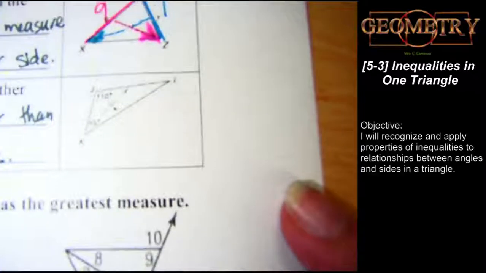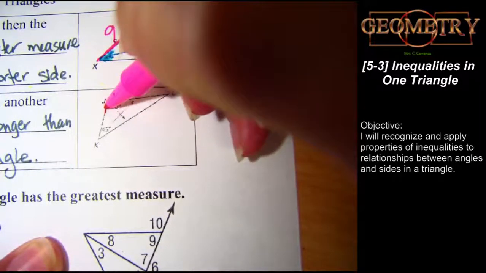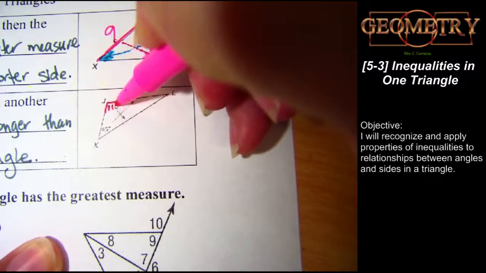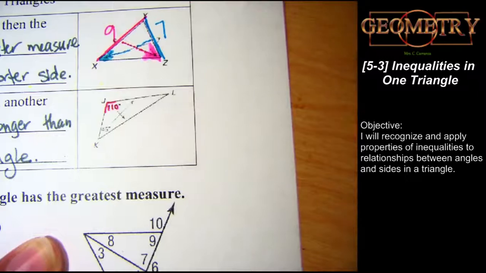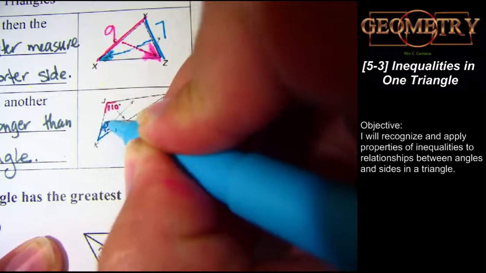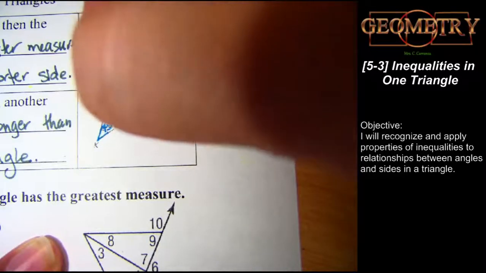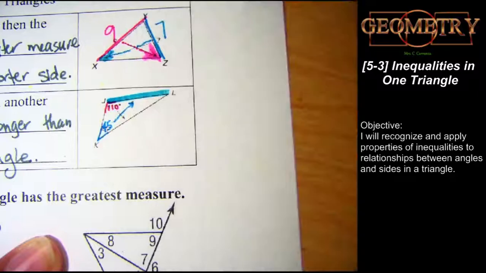Let's look at the diagram. Here I have some diagram. This angle right here at J measures 110 degrees, and this angle here at K measures 45 degrees. What does that let me say about the size of the sides opposite each of those angles?